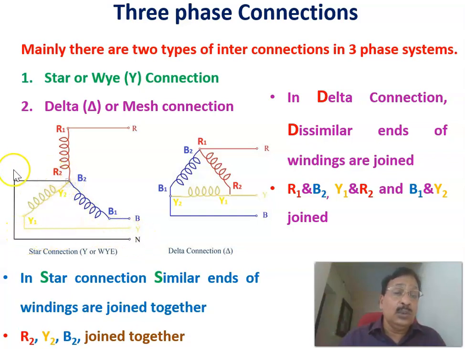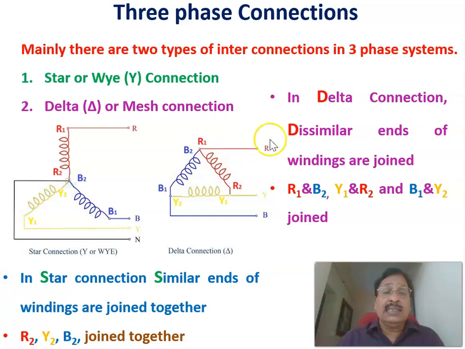Therefore, this is called the neutral point, and this is the R line, this is the B line, and this is the Y line. This method of connection we call the star connection. In the star connection, similar ends of the windings are joined together. Here R2, Y2, B2 are joined together. This is a star connection.